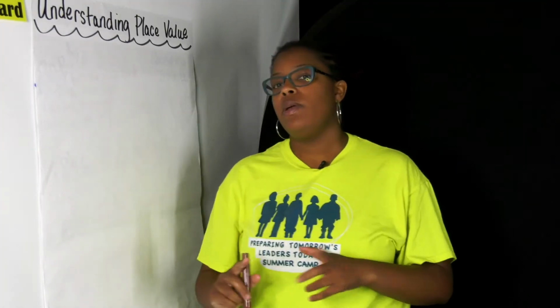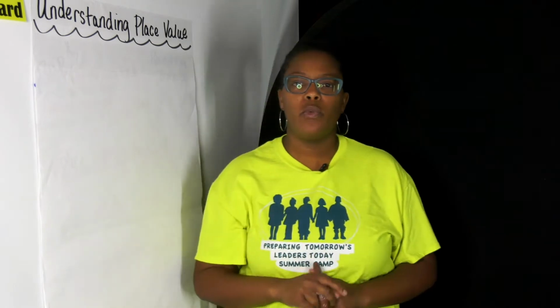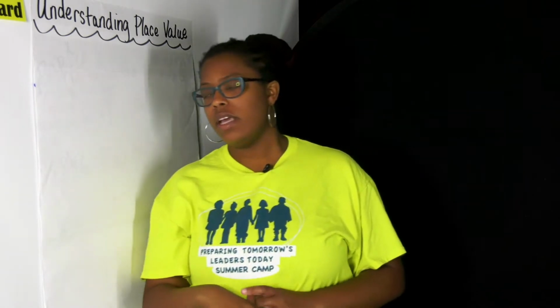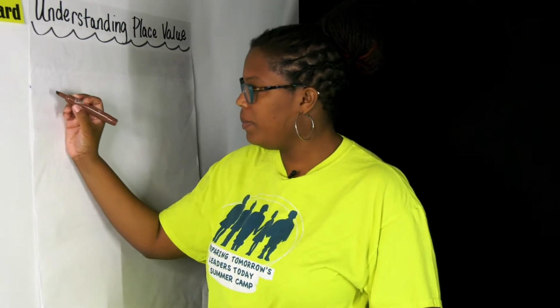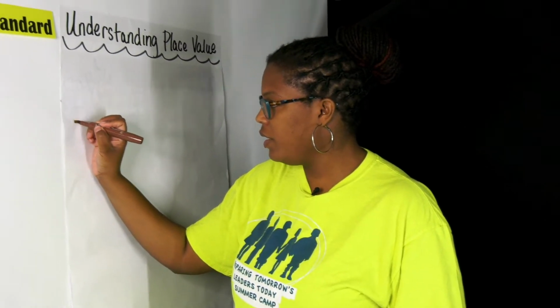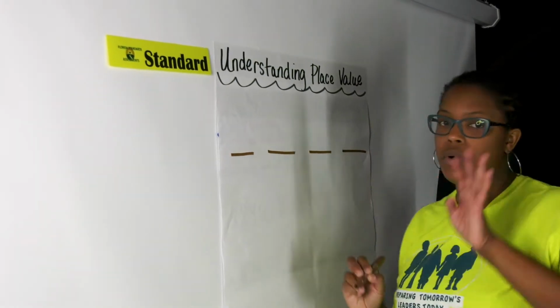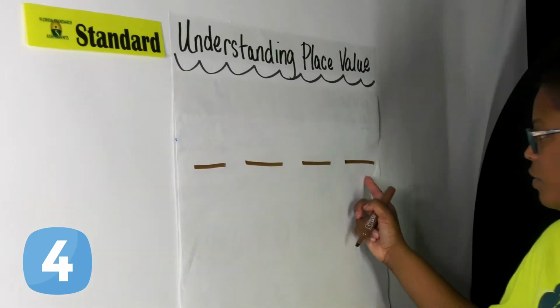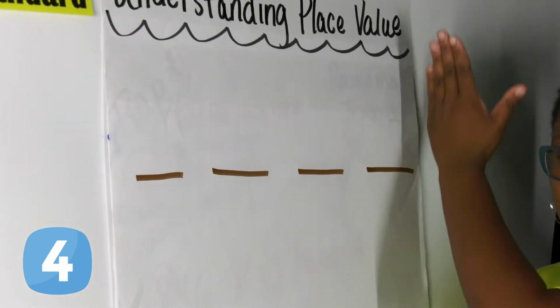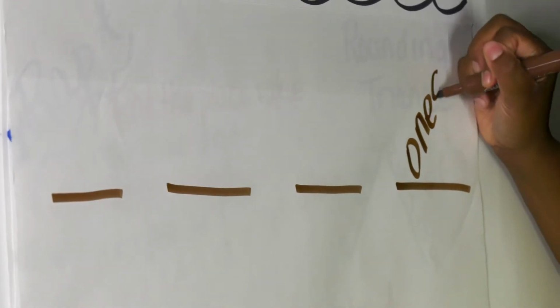Okay, so before we begin our lesson, we need to understand what place values are. You all don't have as many place values depending on your grade level, but today we are just going to practice 4 place values. The first place value we're going to start with is all the way over here, and that is your ones place.